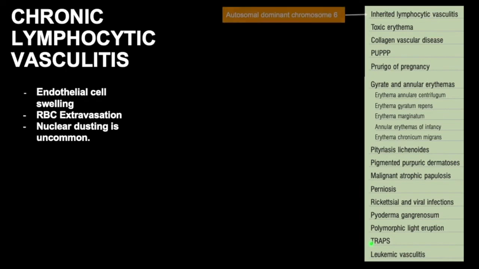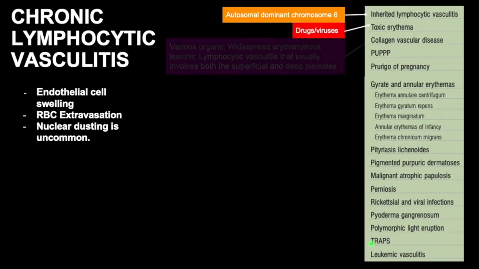In inherited lymphocytic vasculitis, it happens because of an autosomal dominant mutation that affects chromosome 6. In toxic erythema, this happens because of drugs or viruses.